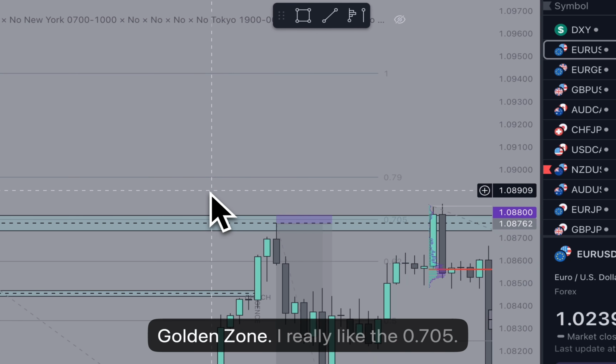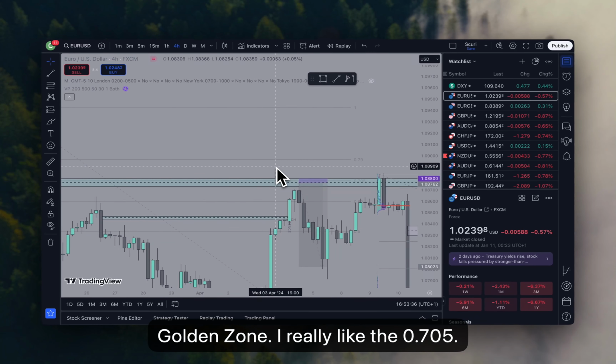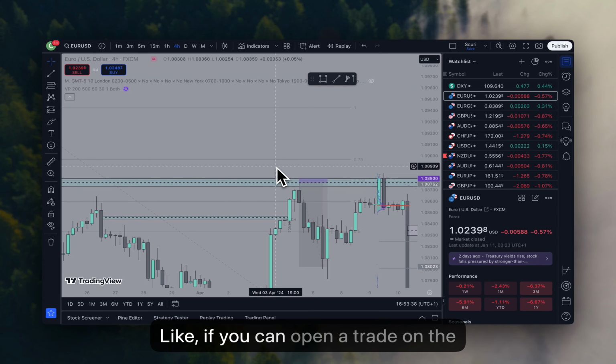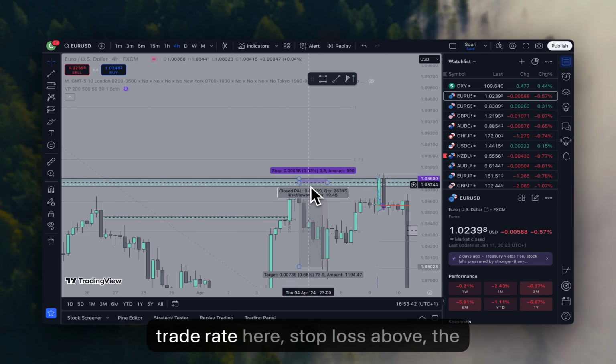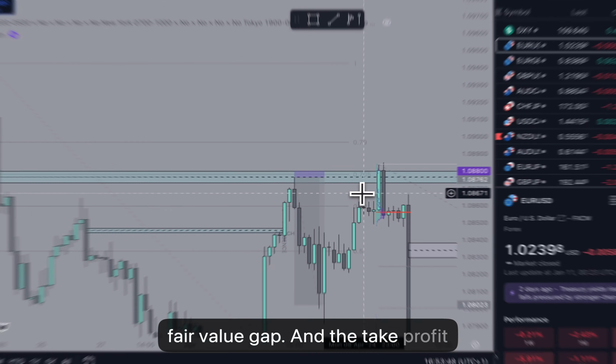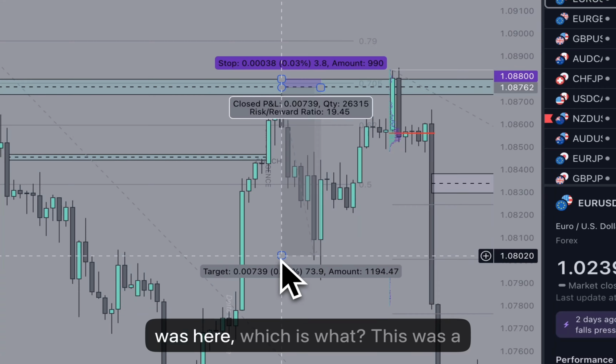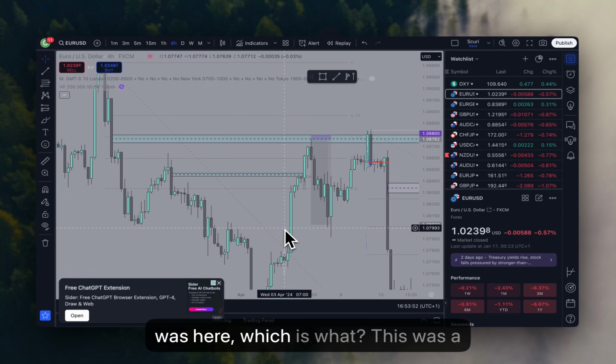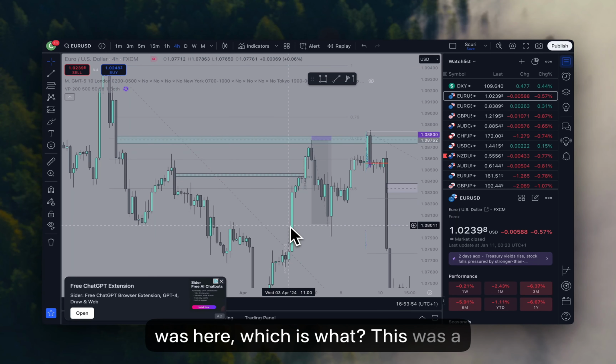So golden zone. I really like the 0.705. If you can open a trade on the 0.705, it's the best you can do. So trade right here, stop loss above the fair value gap, and the take profit was here, which is what?